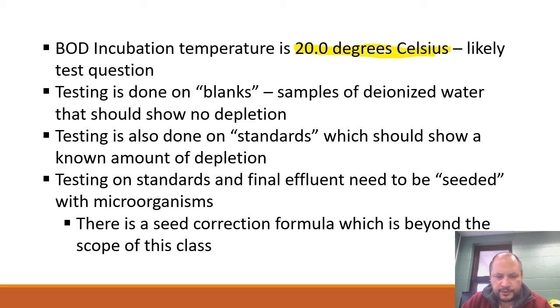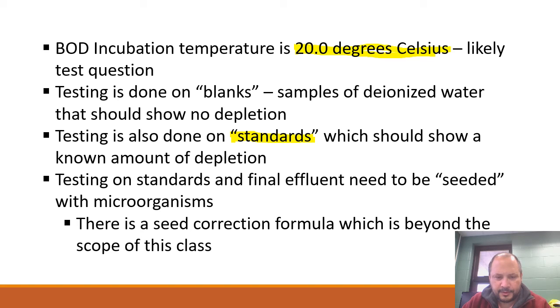So just a few more finer points of the test. When she sets these up, there are always 2 blank bottles that should not have any BOD in them because they're just basically distilled water. So we should not see any oxygen depletion in those bottles. We also test a known standard, which should have a predetermined amount of food in them for the microorganisms.